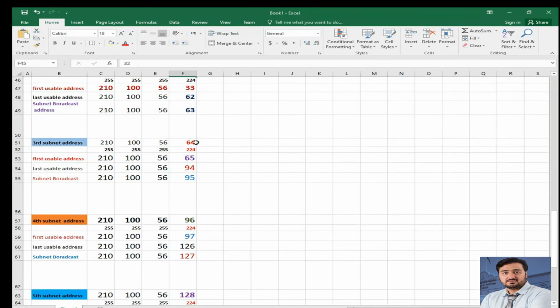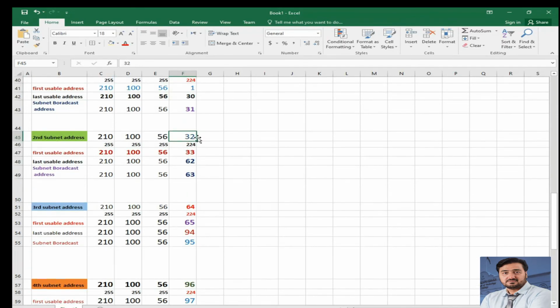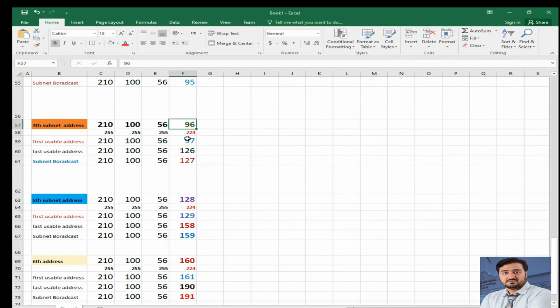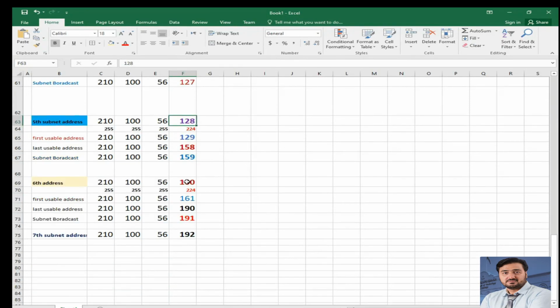Add 32 in 32, it becomes 64. Add 32 in 64, it becomes 96. Add 32 in 96, it becomes 128. Add 32 in 128, it becomes 160. And add 32 in 160, it becomes 192.